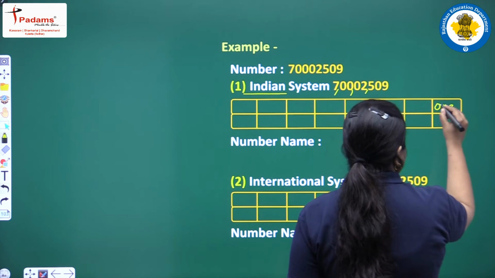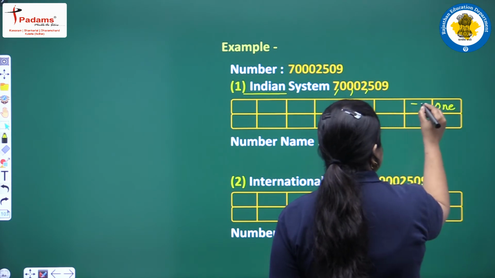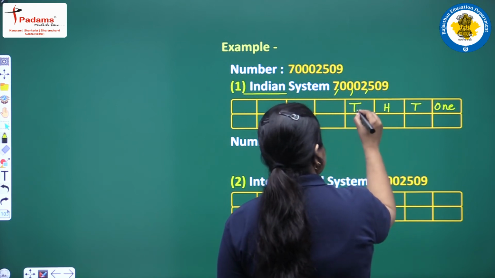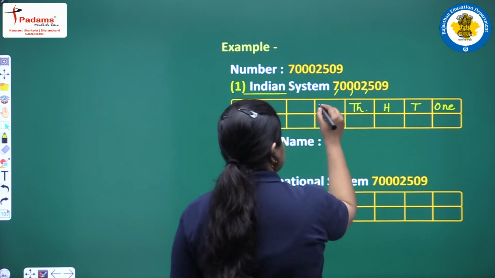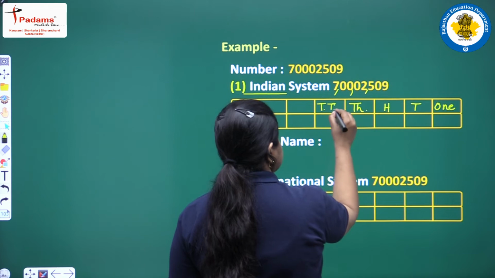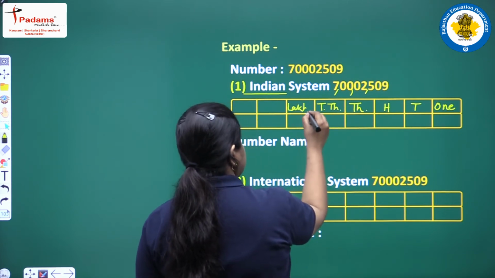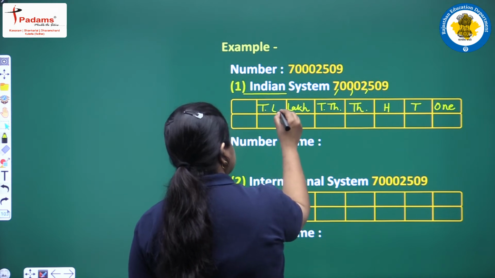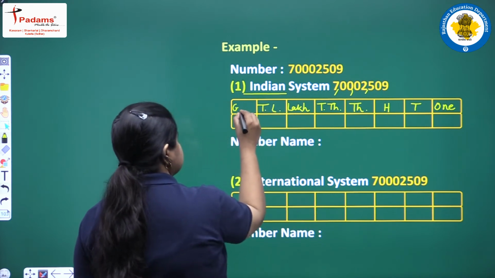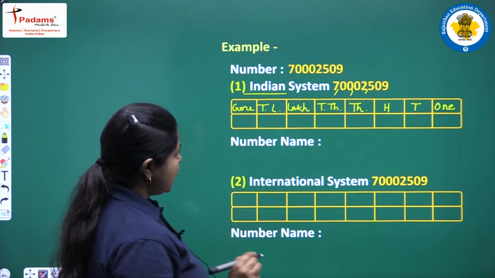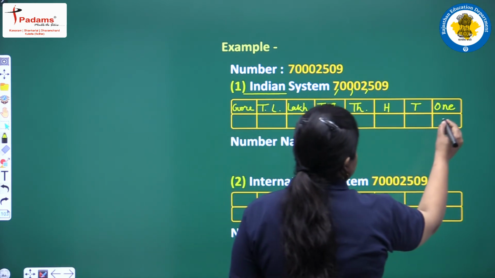Starting from right hand corner, we have ones, then tens, then hundreds, again 1000, 10,000, then we have lakhs, 10 lakh, and then crore. Clear?